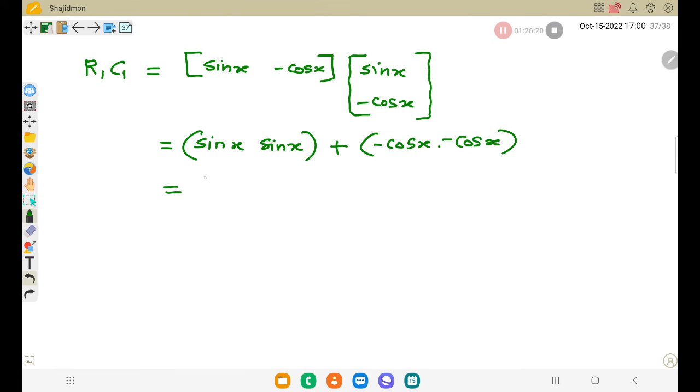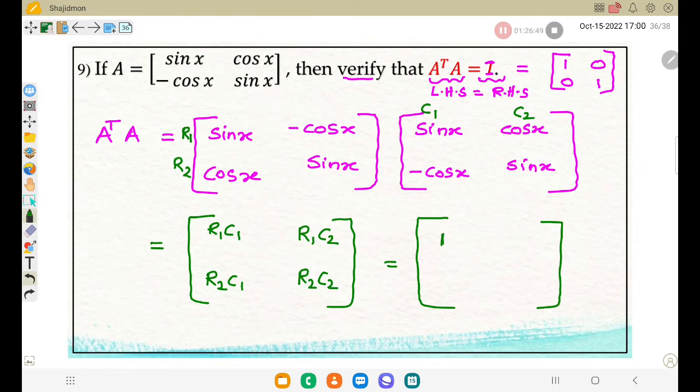Sin x times sin x means sin square x. Minus times minus becomes plus, and cos times cos means cos square x. Now what is sin square x plus cos square x? It is 1, the trigonometric identity we studied. So the first number we got here is 1.